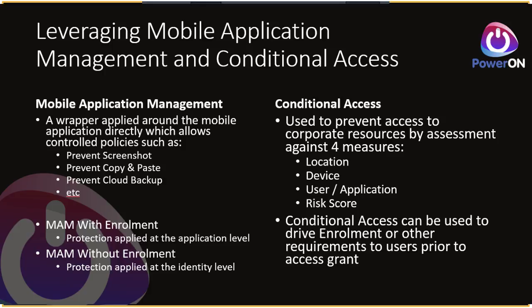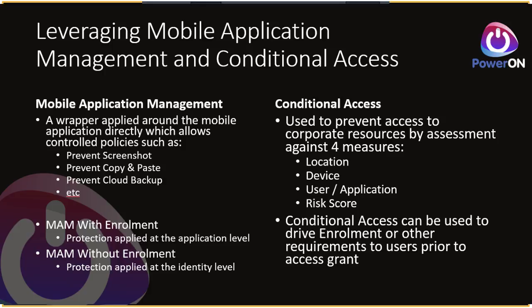Device, which is more around the Intune side of conditional access. Is the device enrolled in Intune? Does it meet any compliance policies? If it doesn't, they are blocked access until they're remediated. Any policies that are applied to the user or the application, and then a risk score. So in the later versions of Intune, you may have noticed an announcement from Microsoft with a company called Lookout.